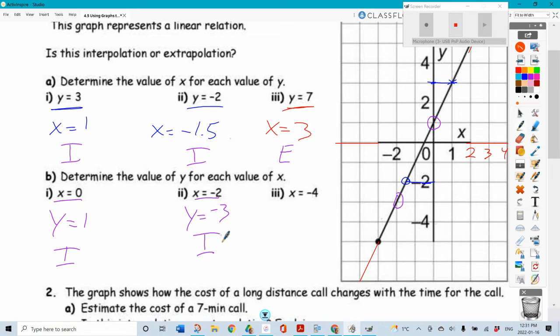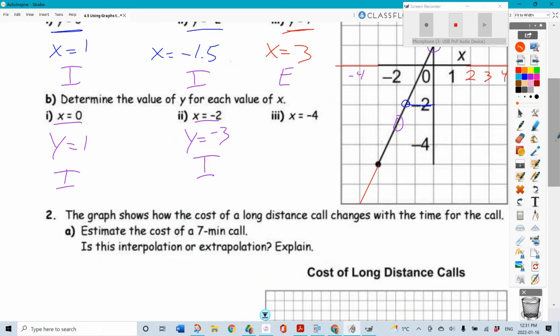Now I want to know when x is equal to -4. Well, I'd have to add something on here, because I need to know where x is actually equal to -4. Now we've already extended our graph, so if I take a look at this, when x is equal to 4 over here and I go all the way down, this is what I get. Well, there's my point. I forgot to take this one here and extend it.